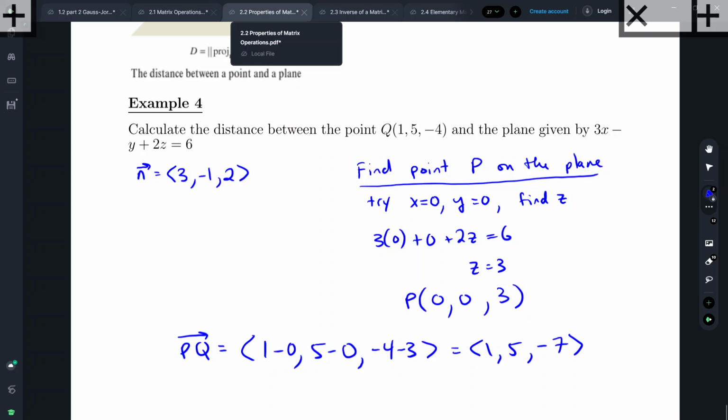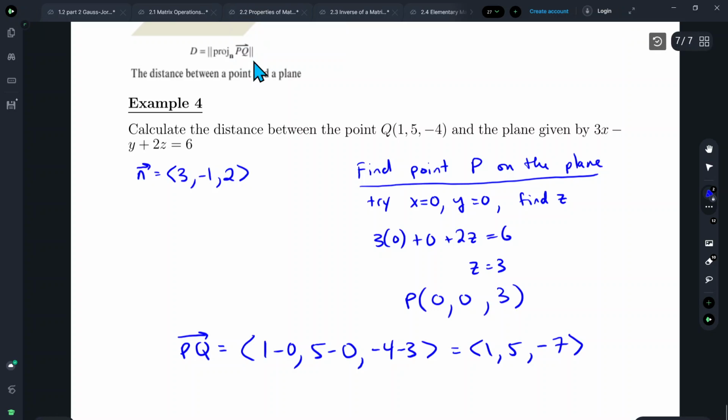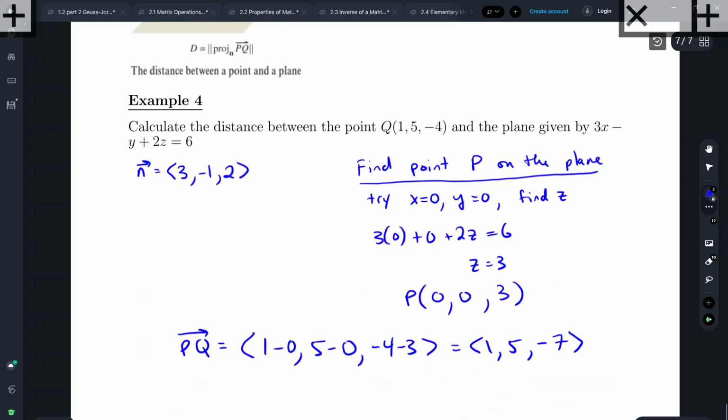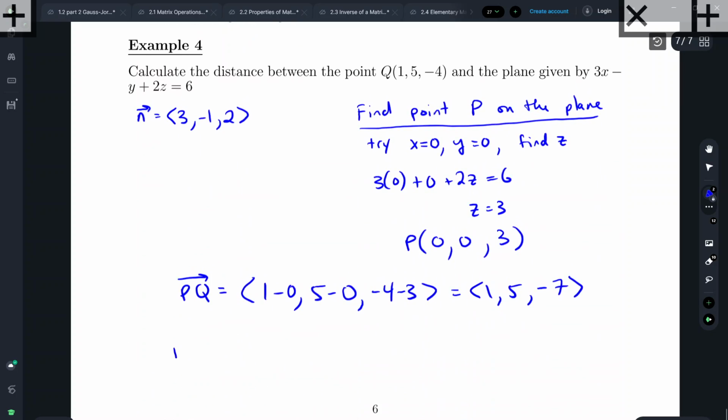And so what is the calculation we need to do? The dot product with n. So that's 1 times 3 plus 5 times -1 minus 7 times 2. So this is 3 minus 5 is -2. -2 minus 14 is -16.